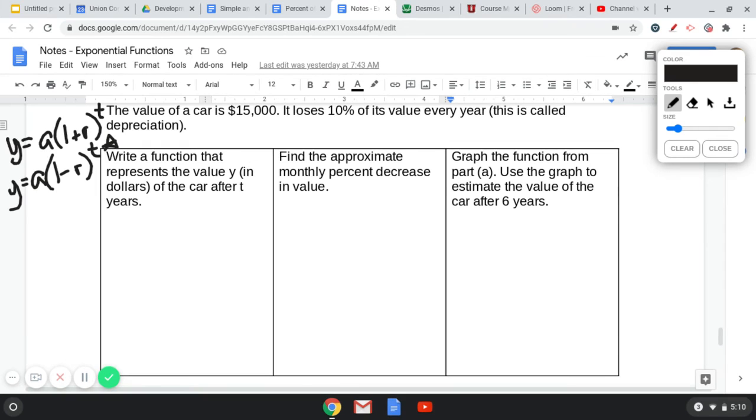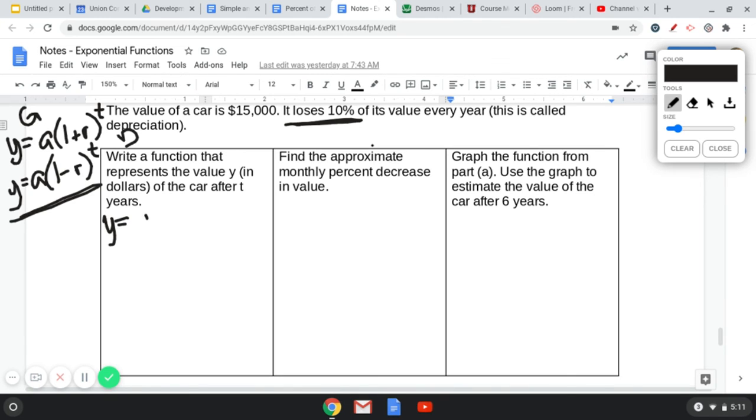And the second one, the bottom one, is used for decay, and this top one is used for growth. So I need you to determine if we are using exponential growth or decay each year. Y'all, we're losing 10%, which means our value is decaying exponentially. So we're going to use this formula right here.